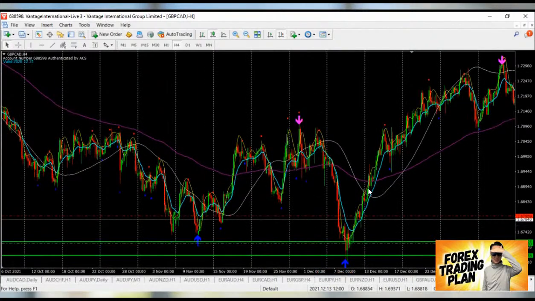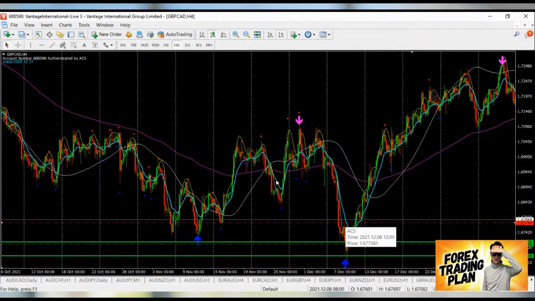There is a support here, the previous support. It moved up here, and now the support was tested and broken, becoming a resistance, and coming here as a support.